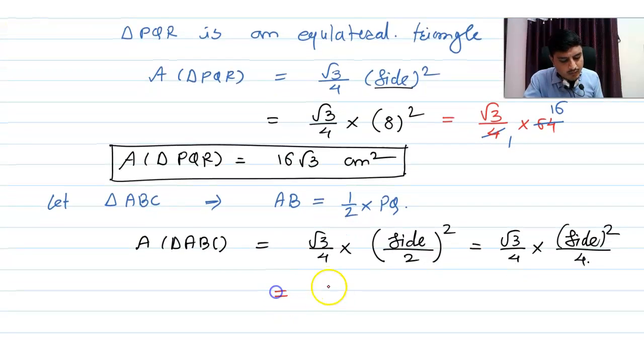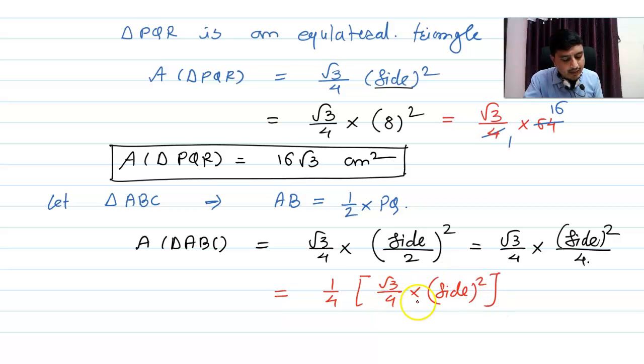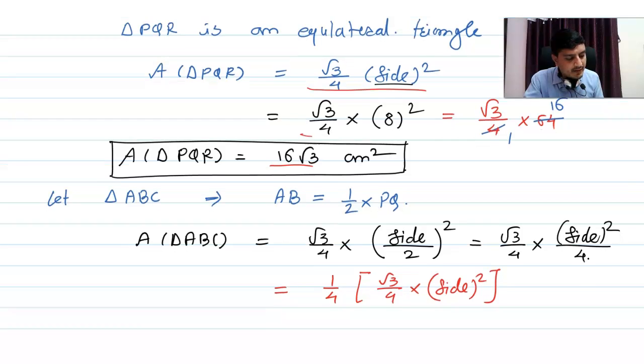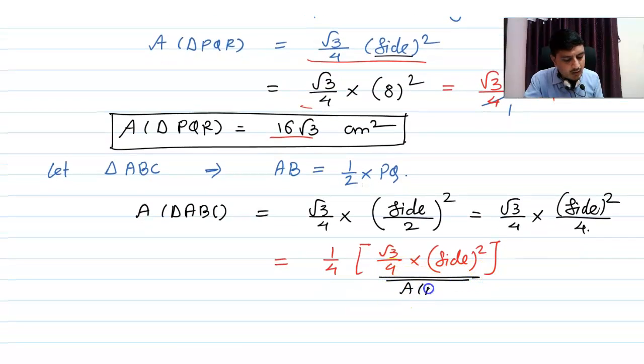Now, writing the formula, we take 1 by 4 outside: 1 by 4 times root 3 by 4 into side square. The value of the area of triangle PQR is nothing but root 3 by 4 times side square, whose value is 16 times root 3. So let's replace the area of triangle PQR by its value. We get the required area of triangle ABC equals 1 by 4 into 16 times root 3.